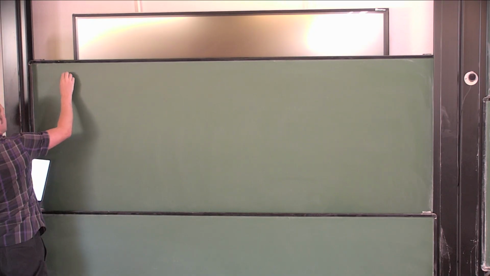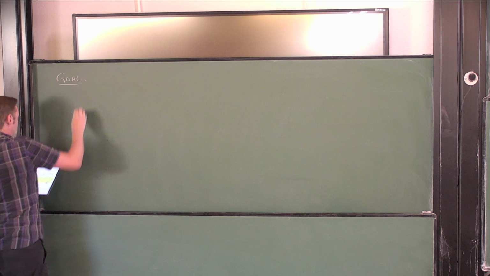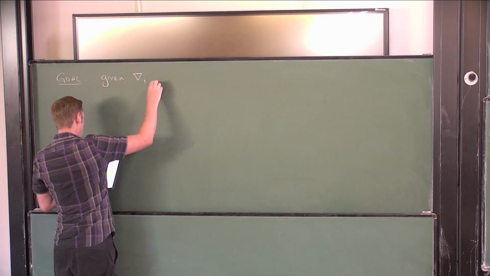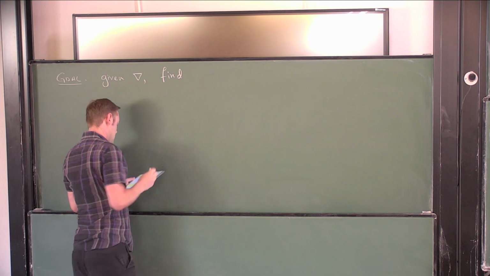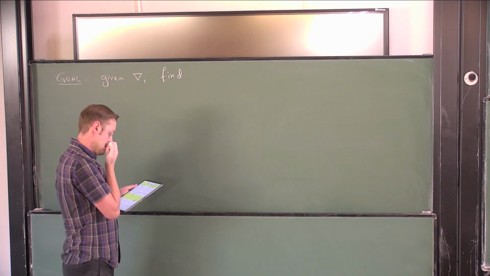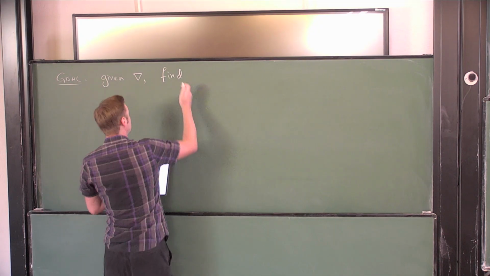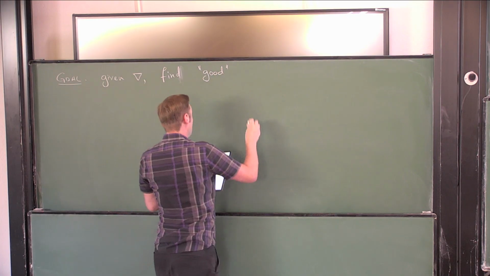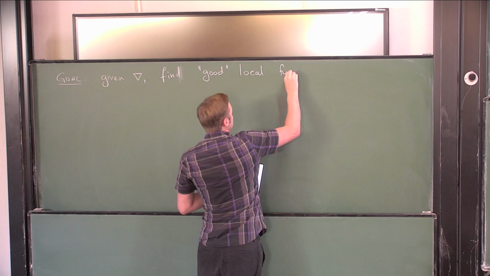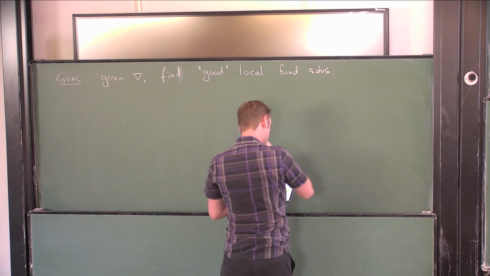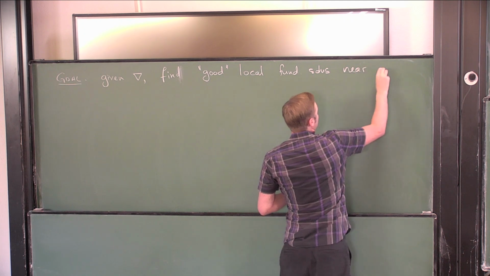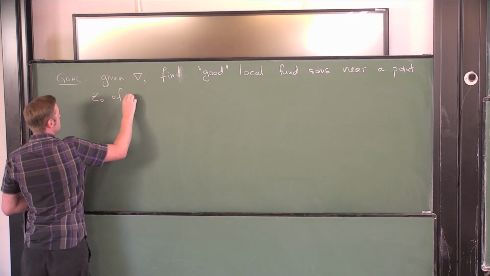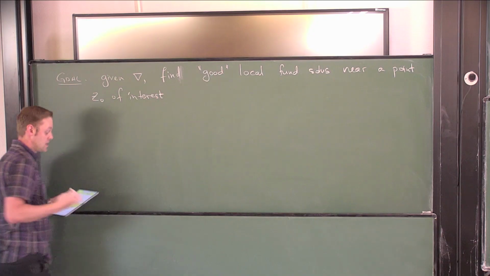So let me write it like this, maybe. So the goal is, given nabla, find, quote unquote, good local fundamental solutions near a point z naught, some point of interest, normally a singularity.